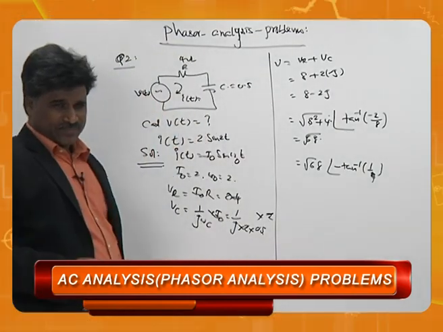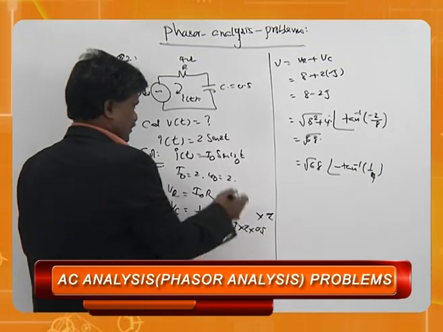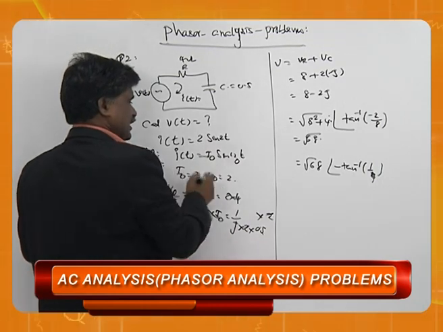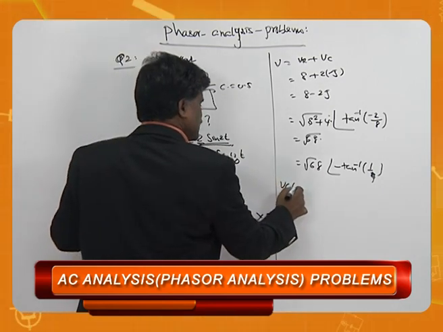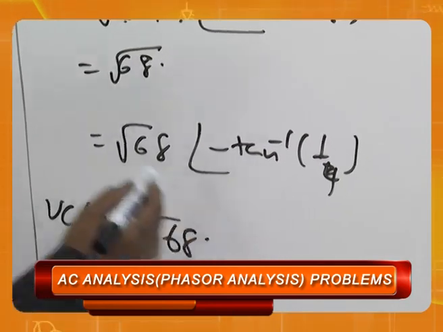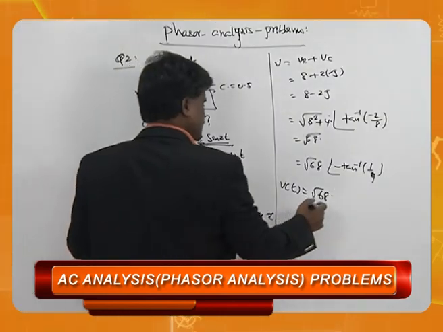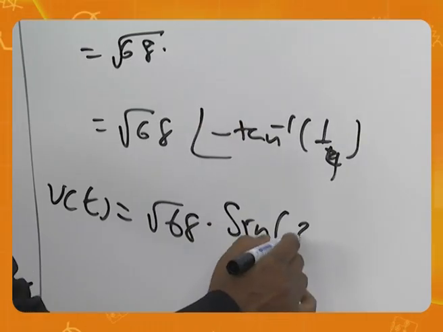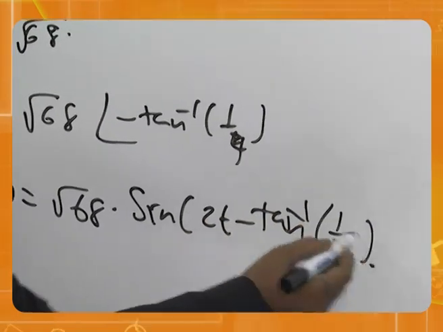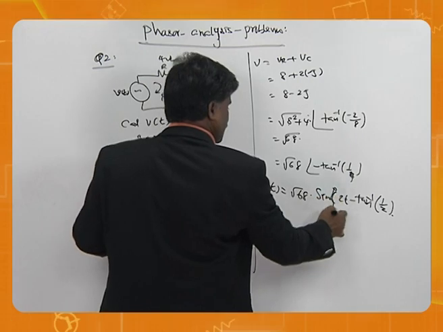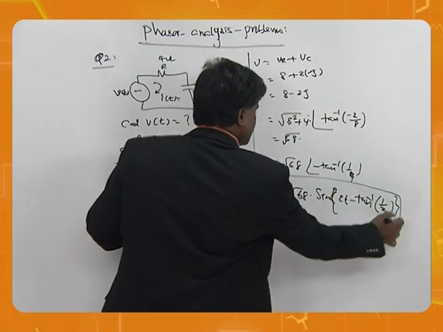That's the answer. Then please remember, before you finish your answer, you should put it in the shape it is given. So v of t is root 68 sine 2t minus tan inverse of 1 by 4. This is the final answer.